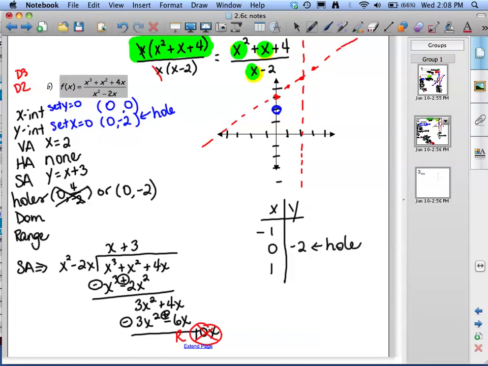But the graph's still going to go exactly to that point. You're just going to leave a hole there. And then what number should I choose to the right of my asymptote? Three and 4? Yeah. Thanks. Sorry.